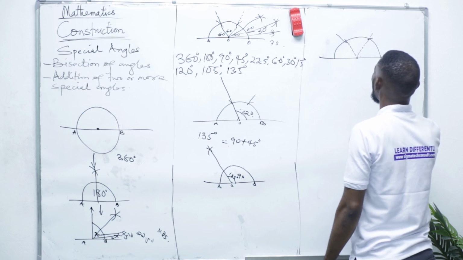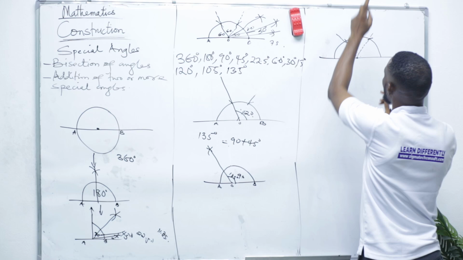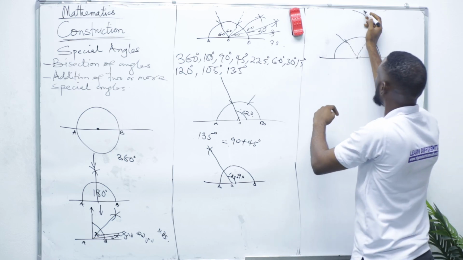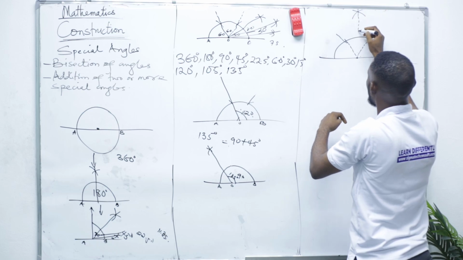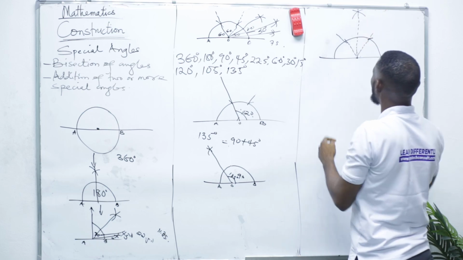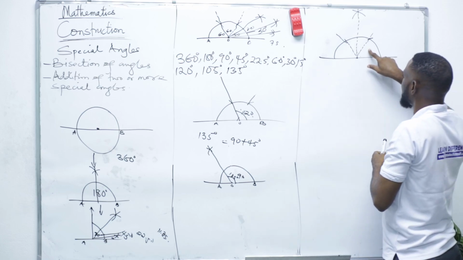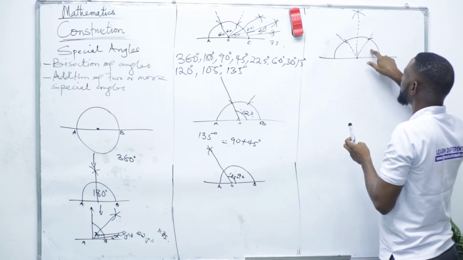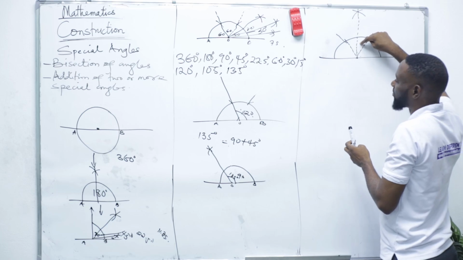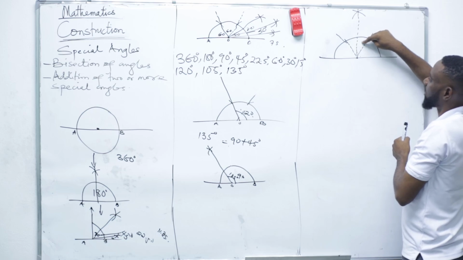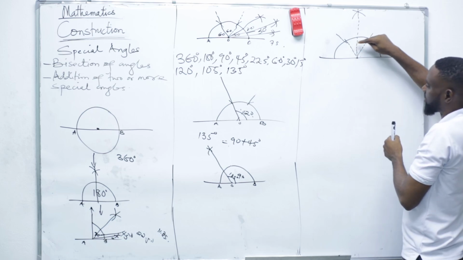Let's even get 90 degrees. We open any radius of our choice. We cut here, we cut here. If this is 60 degrees, see this now, it means this is 30 degrees, because 60 degrees plus 30 degrees gives us 90. So this is 90.